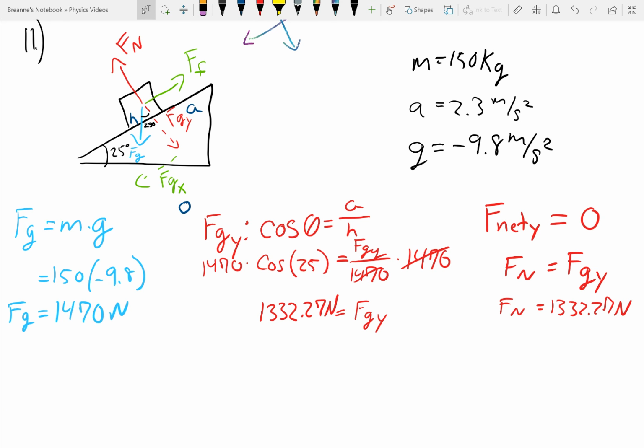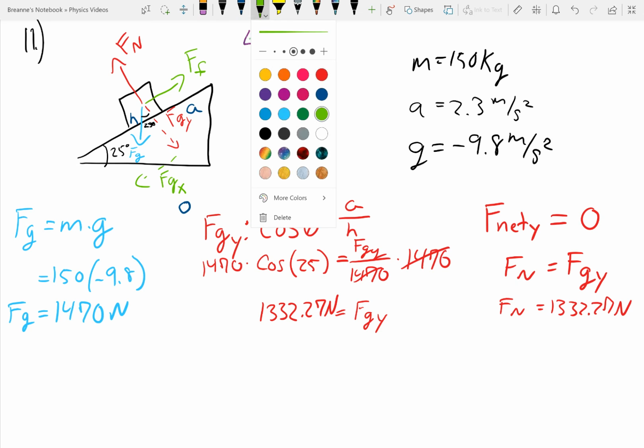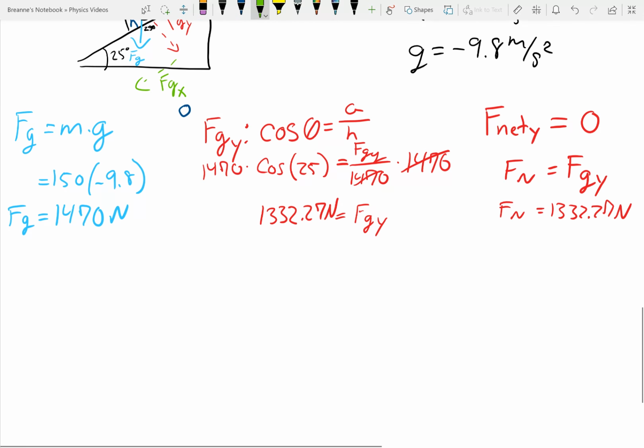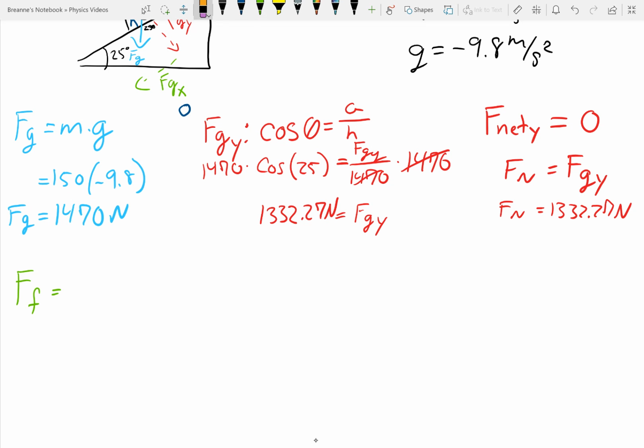So now that you have your force of normal, we can solve for our force of friction. Force of friction is just, no, not force of friction yet, because we don't have our mu. So let's do our force of gravity in the x. Sine theta equals opposite over hypotenuse. It's 25.